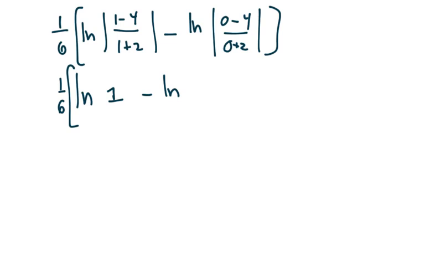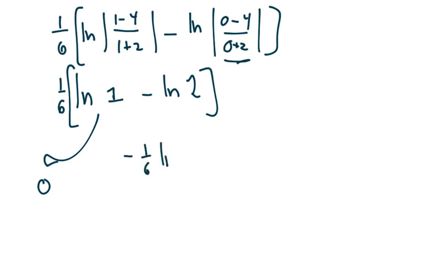And negative 4 over positive 2 is negative 2, but absolute value is 2. Ln of 1 is 0. The power I raise e to get 1 is 0. So we wind up just getting negative 1/6 ln of 2, and that is good enough to be your final answer.